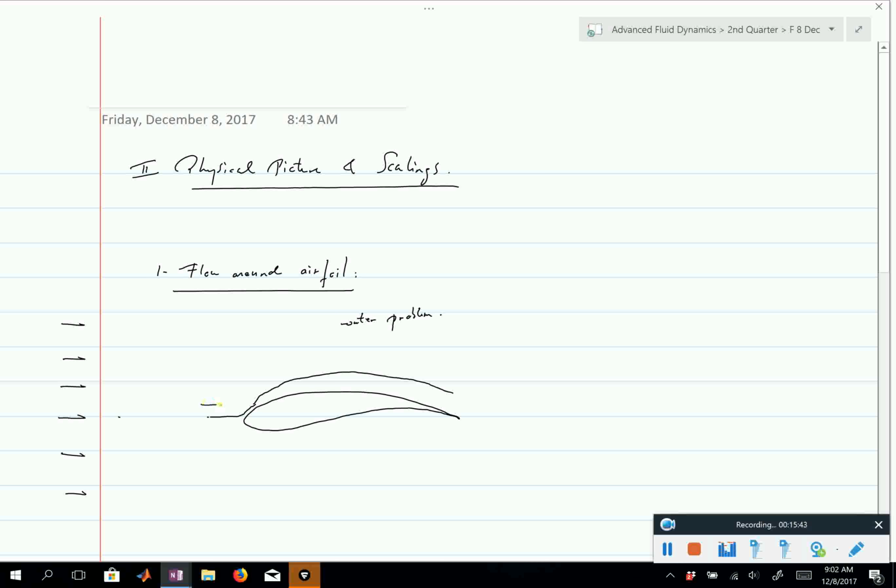But everywhere here, you can still solve the flow, assuming that you can safely neglect viscosity. That viscosity is negligible.